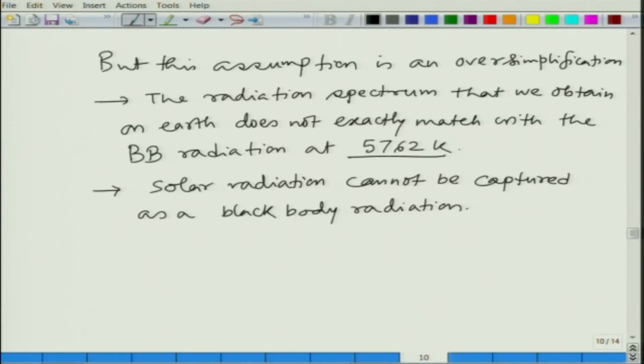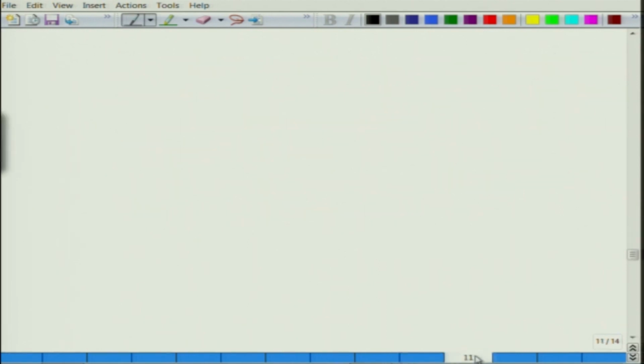Okay. So, ultimately what we get is, I mean, the figure is not to scale, I just want to give you some idea where this lies. So, what are we plotting here?